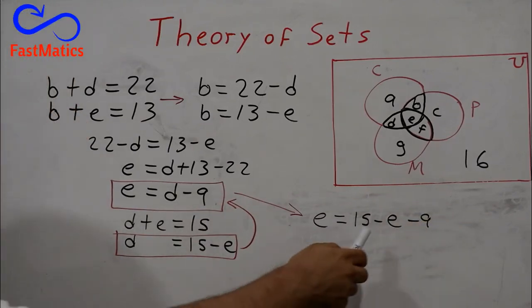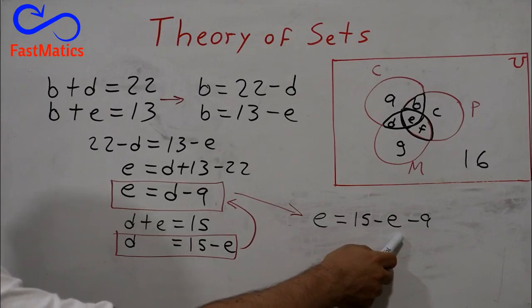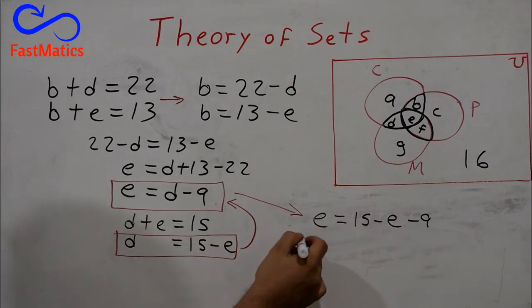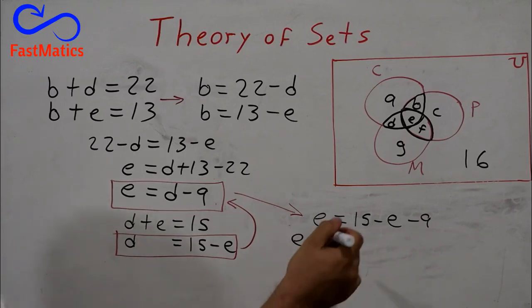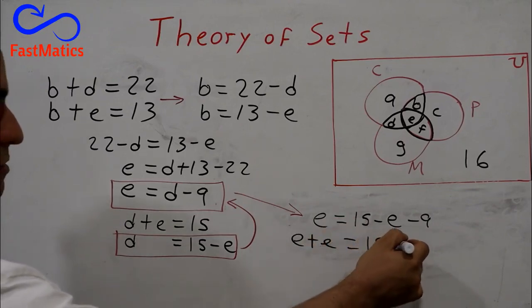Then I can move negative E to the left to get E plus E equals 15 minus 9.